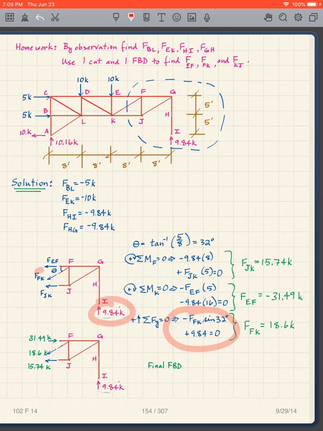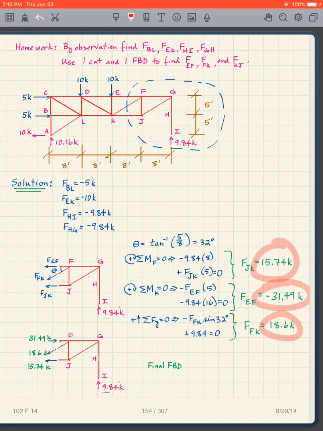I've got that going in the y direction, and I got that going in the y direction, so I only have to use those two. I get that for my FFK. This is positive, so it's tension going away from the point, positive tension. This is negative, so it's going toward the point, so this is compression toward the point. Tension away, tension away.